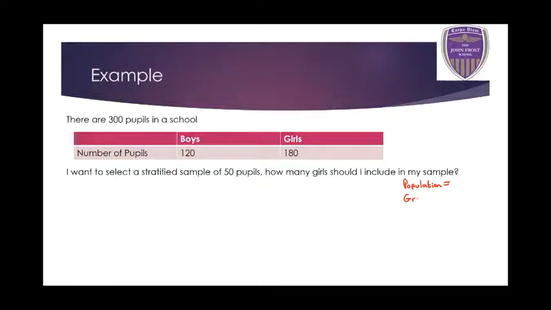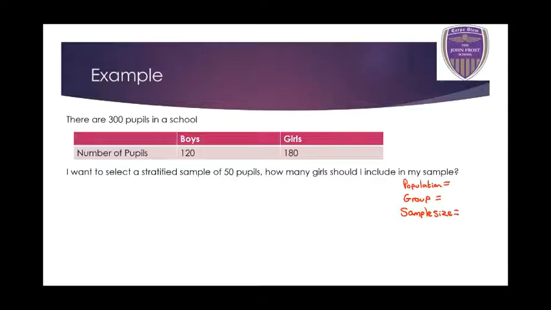The group size, which is the proportion of the population that is relevant to our survey. And the sample size, which is the number of people we're looking to include in our stratified sample.